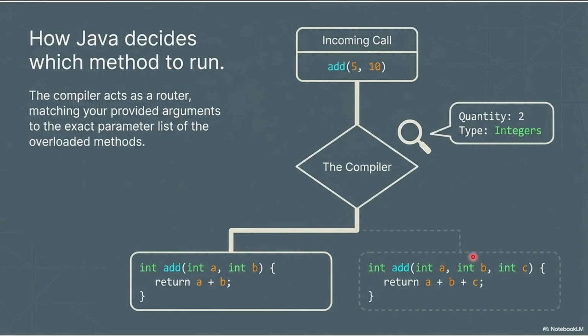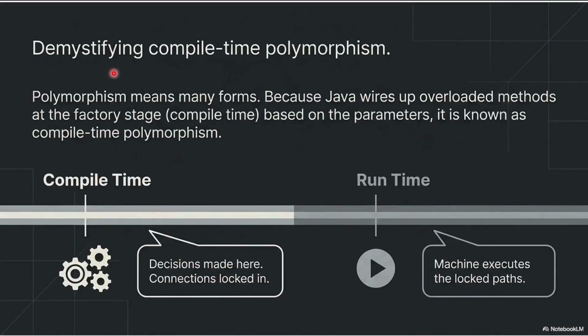So out of these two, which method will be called? This method. Why? Because it is matching. There are two arguments that we are passing, two numbers, and over here there are two parameters. So this is matching, so the compiler decides to call this function. Understand, this is happening during compilation and not during runtime. Okay, let's move forward.